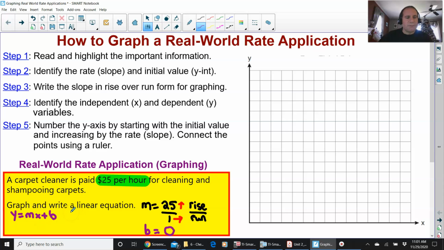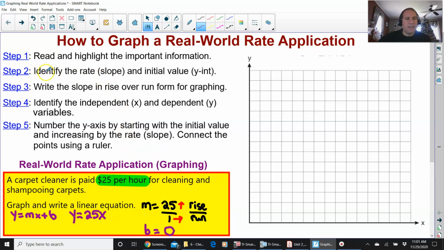So I am going to write this down as y equals 25x. You could put plus 0, but it's never going to be shown that way. If it says plus 0, you just leave it off, and you're supposed to understand that y equals 25x has a y-intercept of 0 and that initial value of 0.